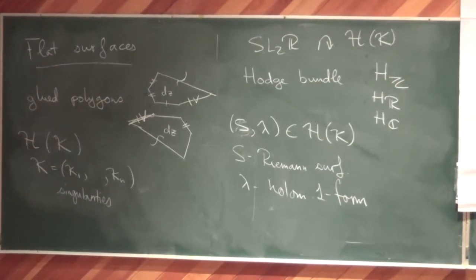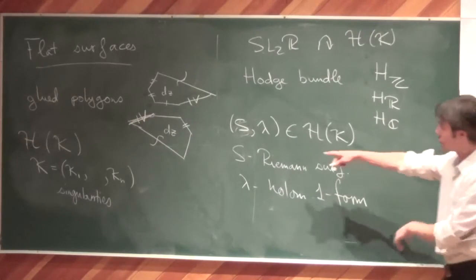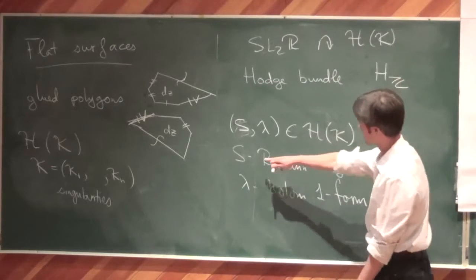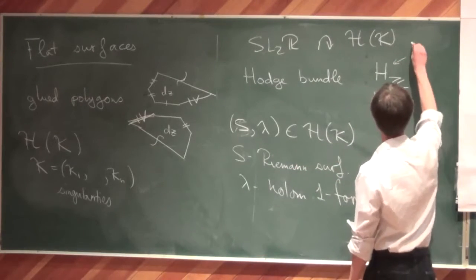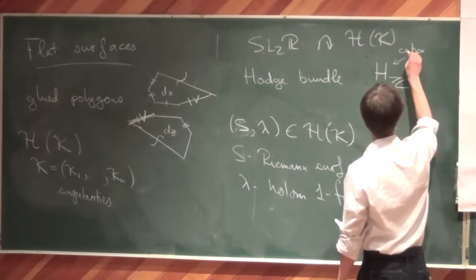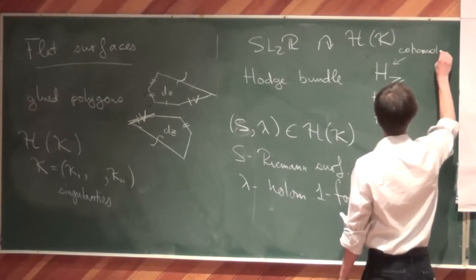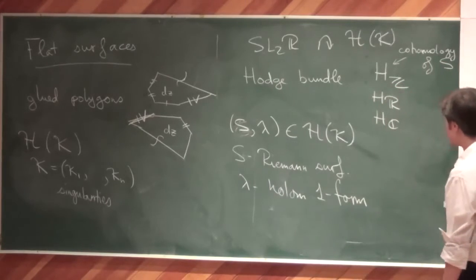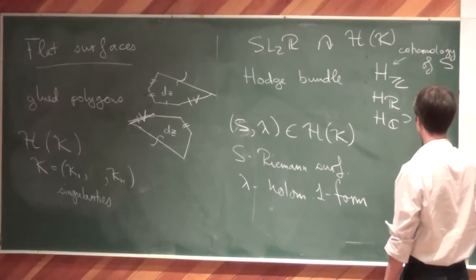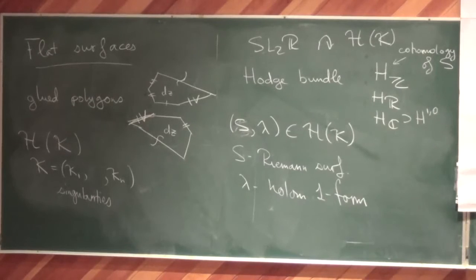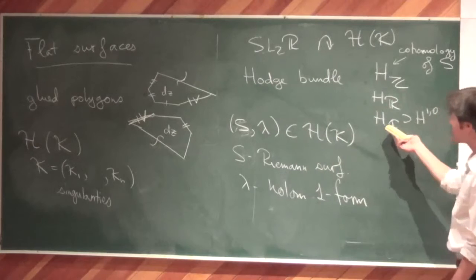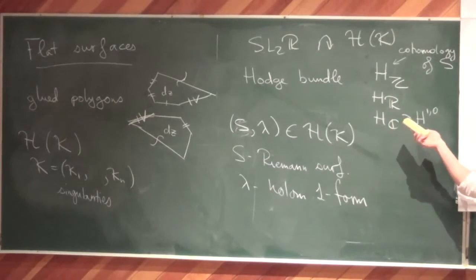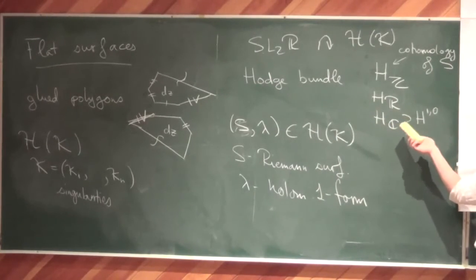So defined in this way, as we had it in the upper half plane, you have the homology of this Riemann surface. So H of Z is just the homology, sorry, the cohomology of S. And inside H of C, you have again the space H^{1,0}, which is the space of holomorphic one forms. So inside the complex cohomology, you have the representatives given by holomorphic one forms.